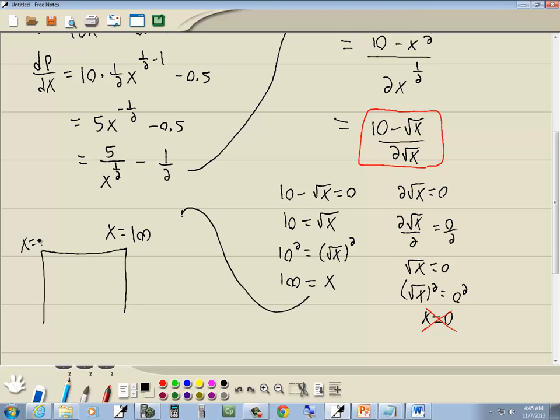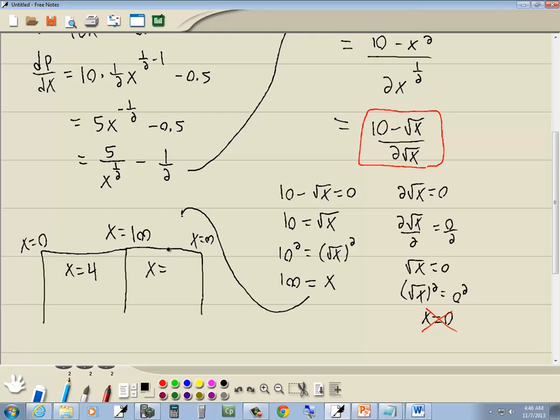Remember, the domain starts at 0 and goes to infinity in theory. Now we want to choose values that work out nicely. So I want to choose something like x equals 4 or 9 or 25, such that when we put it into the square root, the square root of 4 is 2. Over here, I want to choose something nice again.